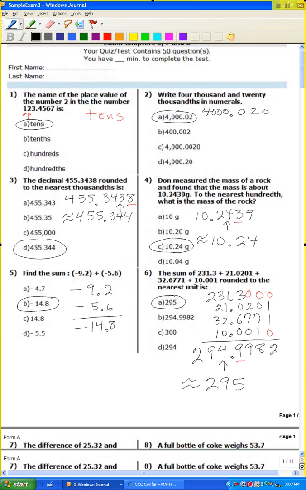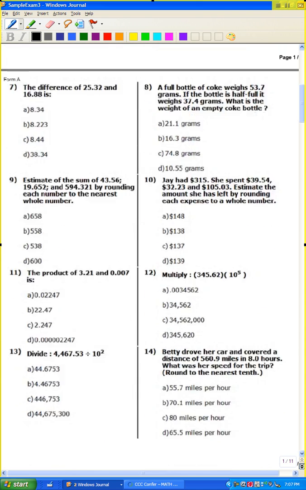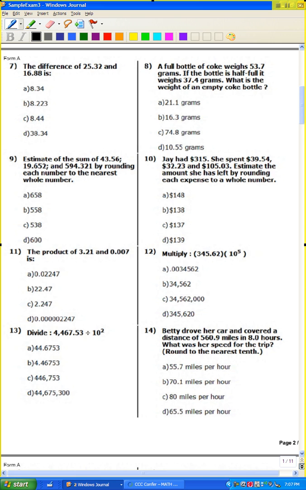Let me do problem number 7. The difference of 25.32 and 16.88. So let's subtract.